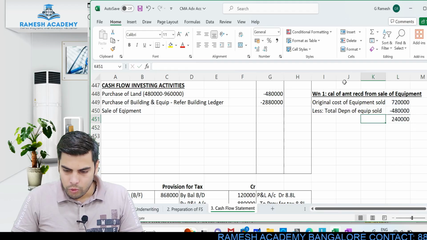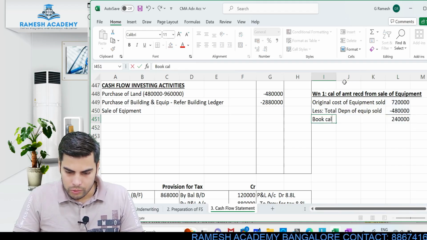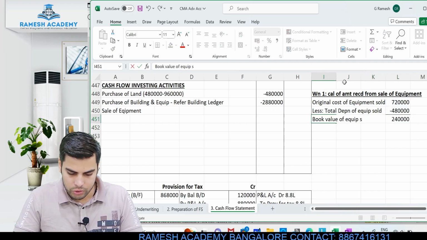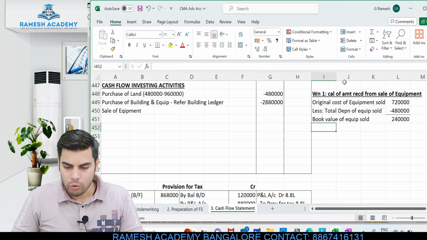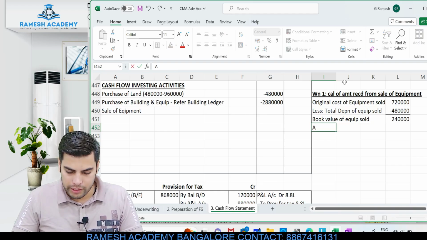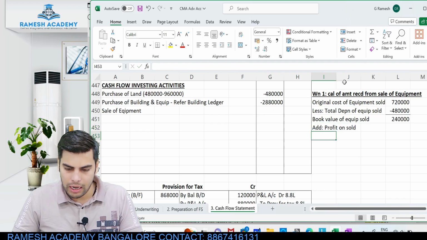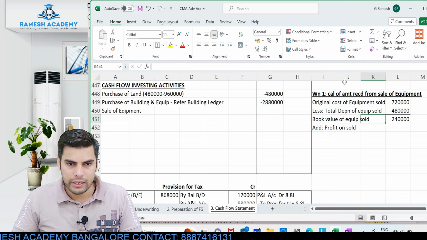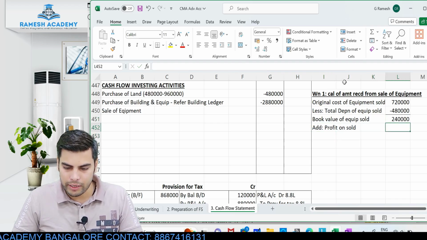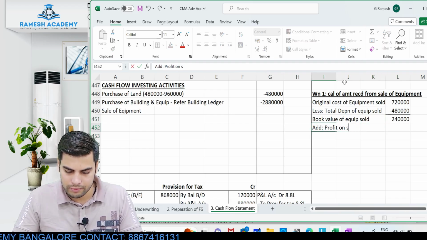So this would be the book value of equipment sold. This is the book value. So I'm making profit over here, right? So if I'm making profit, I'll be adding. Okay, so add profit on sale. If I would have made a loss, I would have just deducted it, but in this case I made a profit, right? So profit on sale.